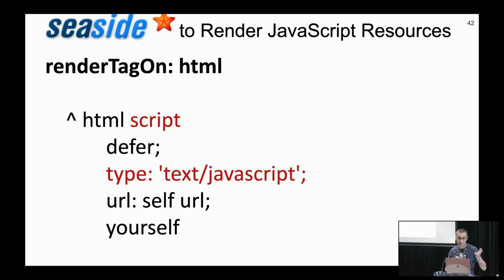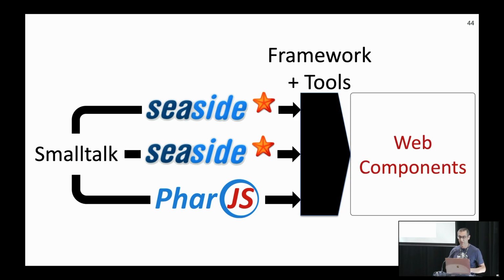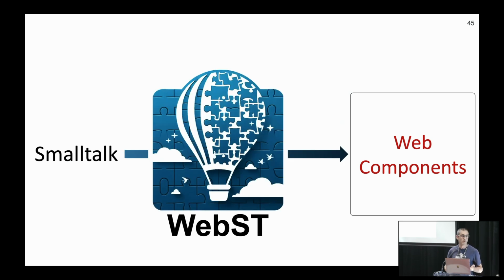Just say it's a script, and the type is text/javascript. So we are able to deal with HTML, with CSS, with JavaScript. You wrap everything, add some framework utilities to make classes and make things easier, and we have our web components. And this is WebST.